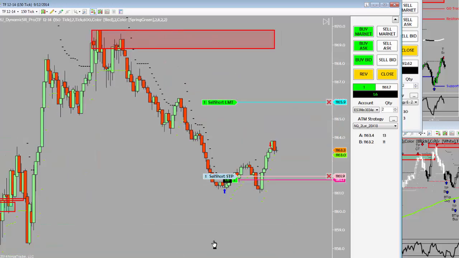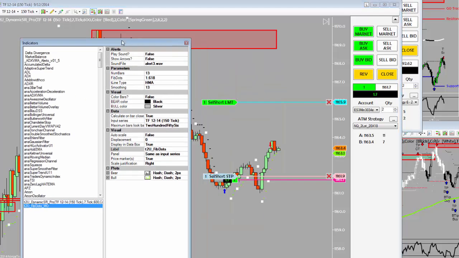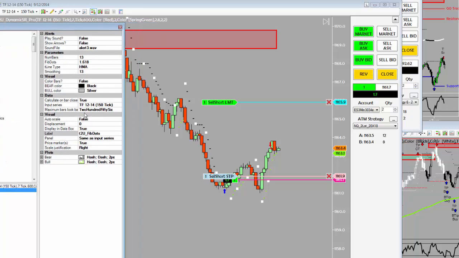Okay, so let's expand this. So you can see right now we've got it set to 1618. Okay, so it's very close to price. And you can see that if I pulled it up right here, just a small pullback would take me out of the market. So let's come in here, let's double left click on the FibDots, and now let's modify. So this is a 1618 HMA.